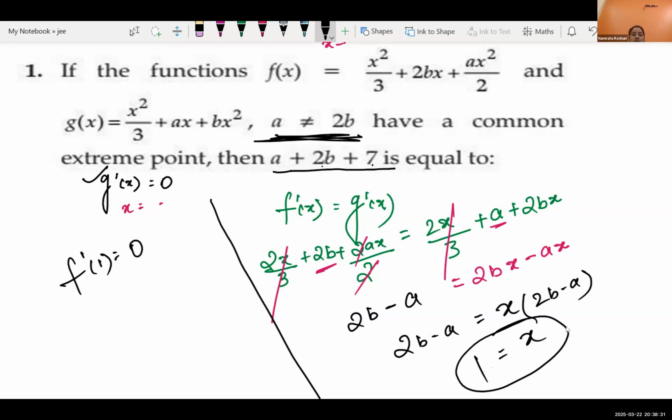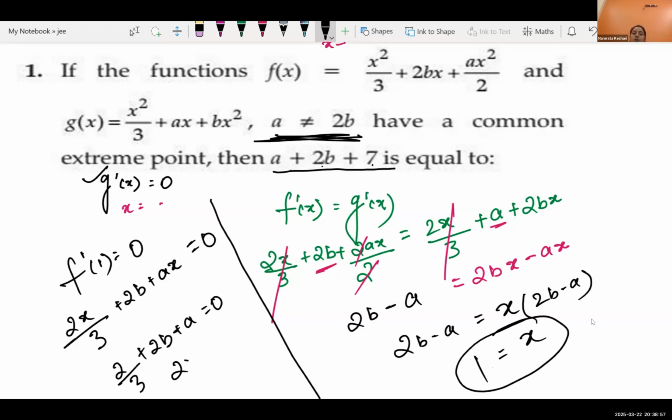If we substitute this 1 over there in f dash x, our f dash x was 2x by 3 plus 2b plus 2ax, that means just ax. Here if we substitute 1 at the place of x, we are going to get 2 by 3 plus 2b plus a is equals to 0. So can you see 2b plus a directly we are getting over here?